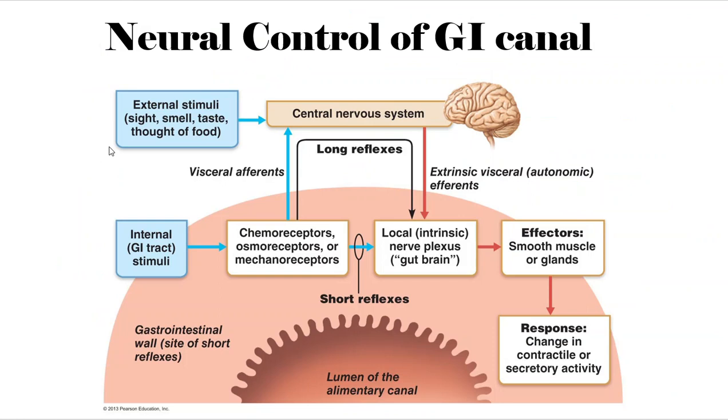So we have two kinds of responses in this nervous system. We have one that's called a long reflex and one that's called a short reflex. By long, we mean that a stretch, the mechanoreceptors, a particular type of chemical, or a particular change in concentration is going to cause a signal to be sent. Now the short reflex, that signal is basically local.